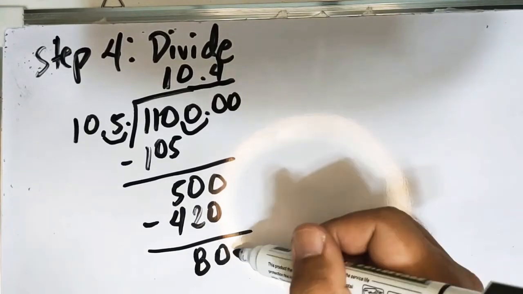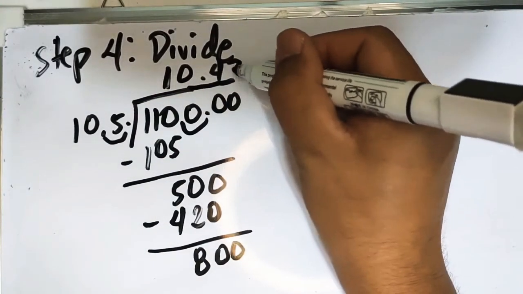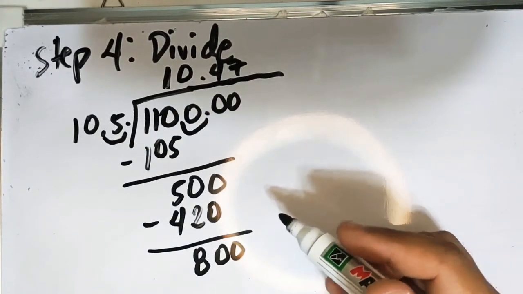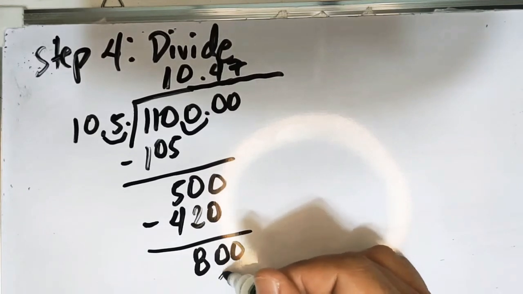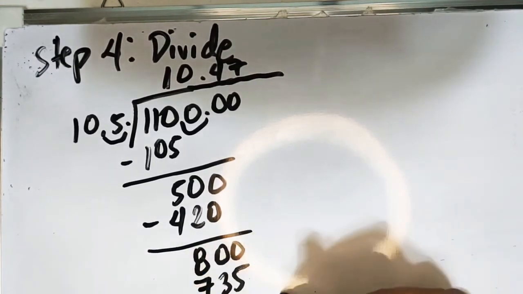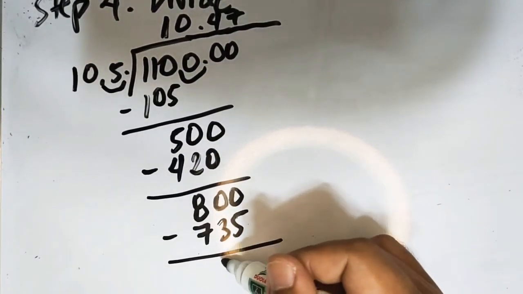And then let's put 0. 800 divided by 105, 7. 7 times 105, we got 7 times 5 is 35, so we have 735. Subtract, we got 65.